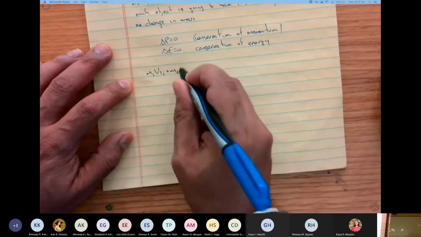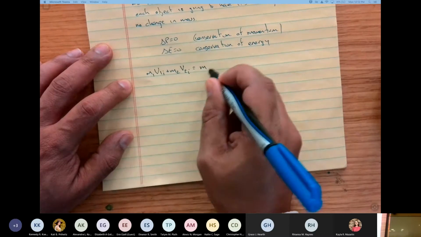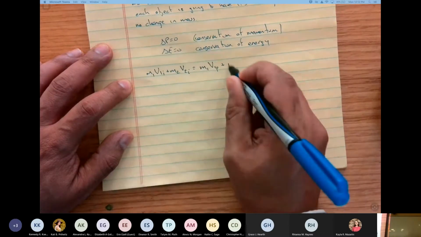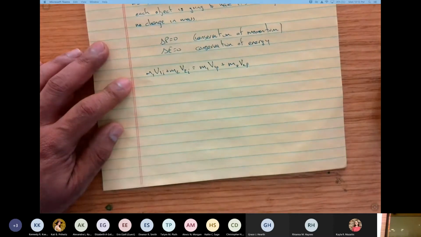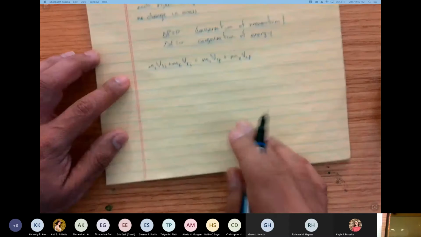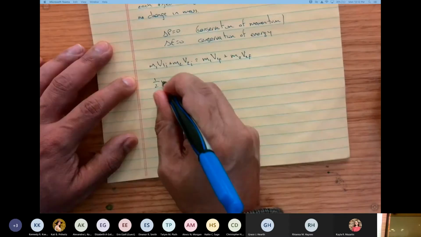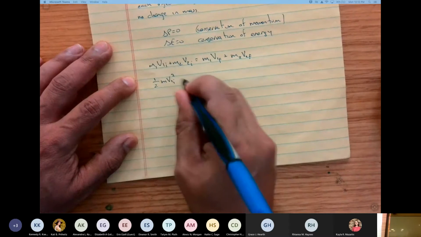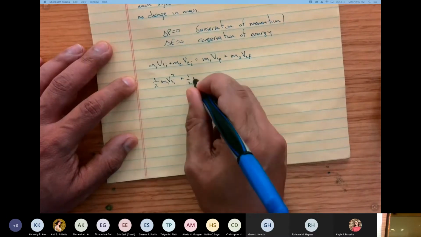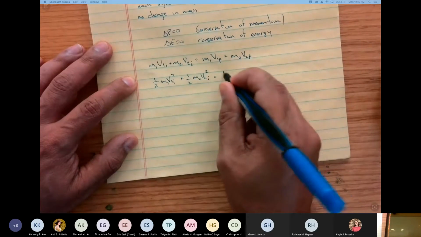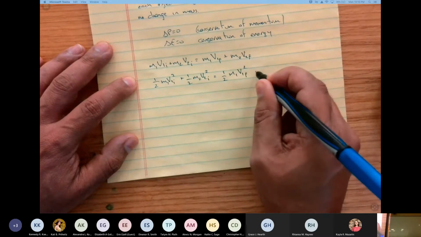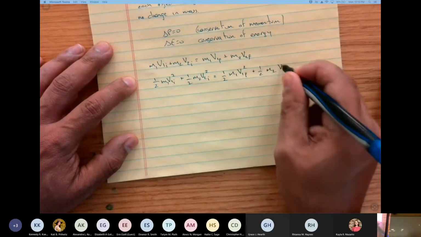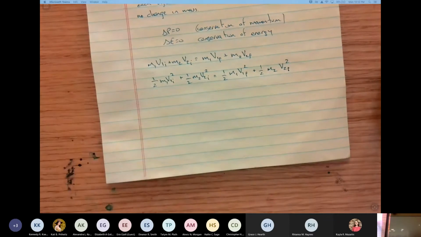For conservation of energy, and specifically kinetic energy, I'm going to have 1/2. I'm going to have those two equations that I need to satisfy at the same time.